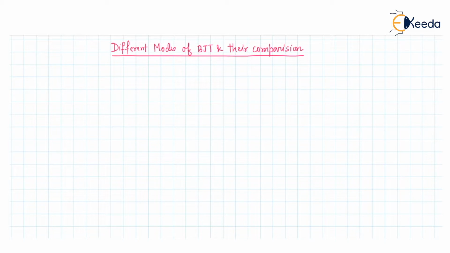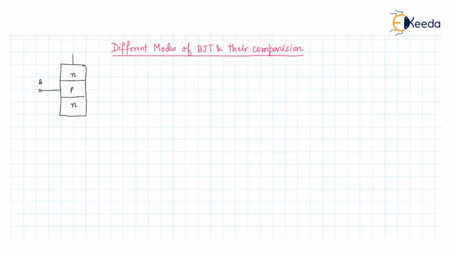If we take an NPN transistor, it will look like this. This is the block diagram of an NPN transistor. We can write that this is the N, this is the P, and this is the N. This will be the base region.